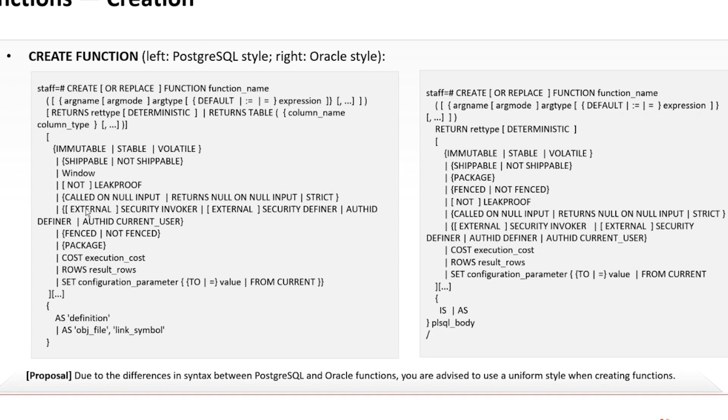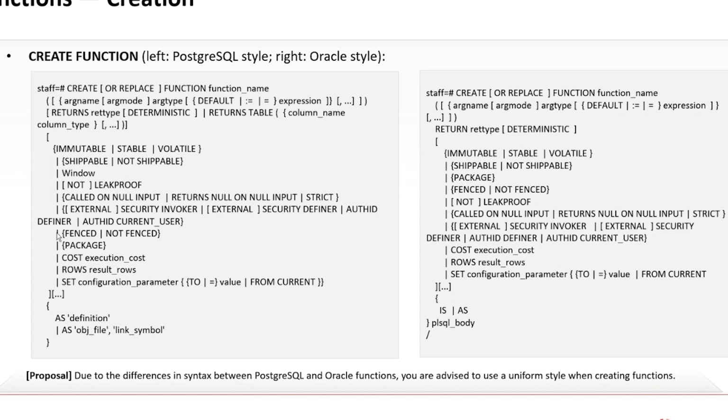For example, the package parameter here means that if we specify that, the function supports overloading. And we can create functions with the same function name, but different parameter lists. And also, we have a parameter of fenced or not fenced. It specifies whether the function will be executed in protected or unprotected mode.